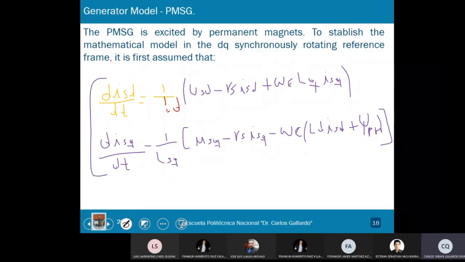So these are the two equations. We have already derived the two equations of the generator model for the permanent magnet synchronous generator.